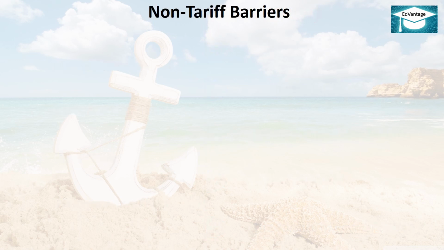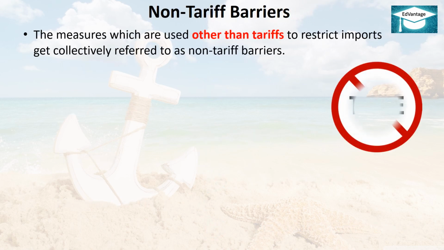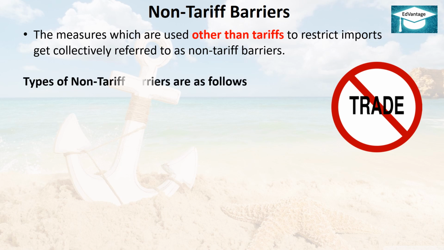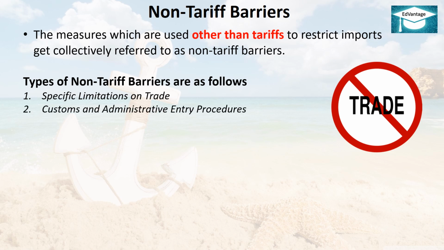What are non-tariff barriers? The measures which are used other than tariffs to restrict imports get collectively referred to as non-tariff barriers. The various types of non-tariff barriers are as follows. 1. Specific limitations on trade. 2. Customs and administrative entry procedures. 3. Standards. 4.